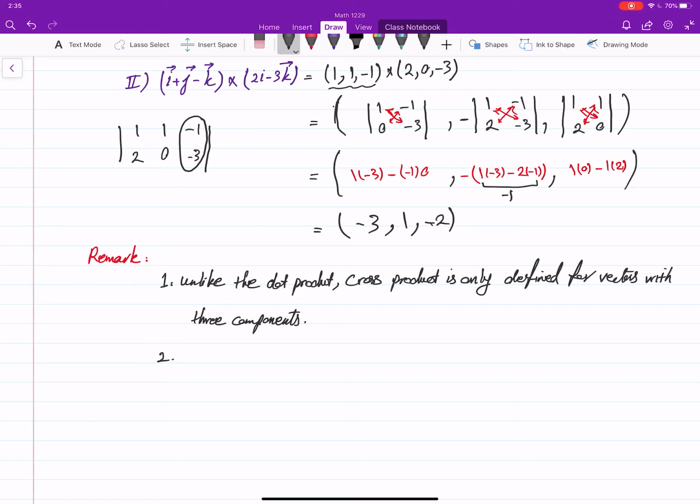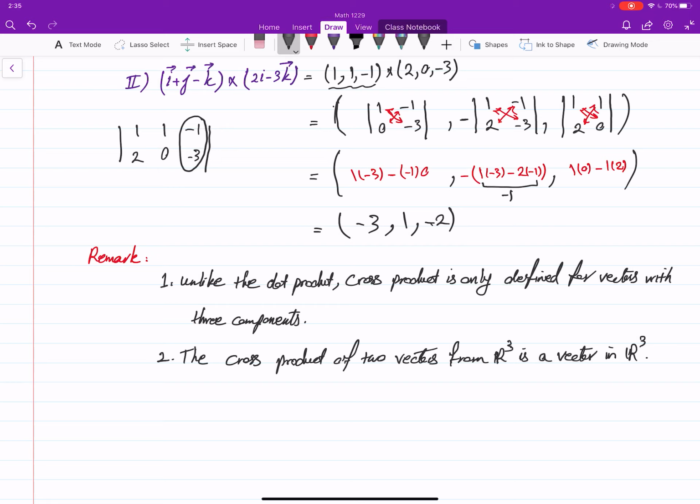The second thing is that the cross product is a vector. The cross product of two vectors from R3 is a vector in R3.